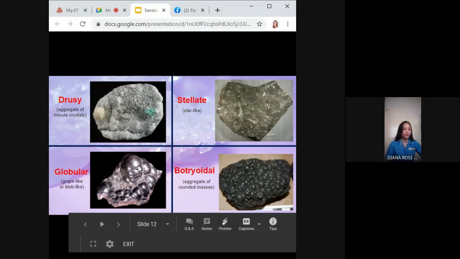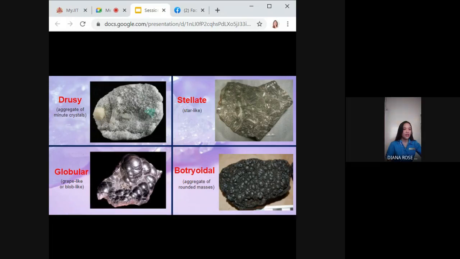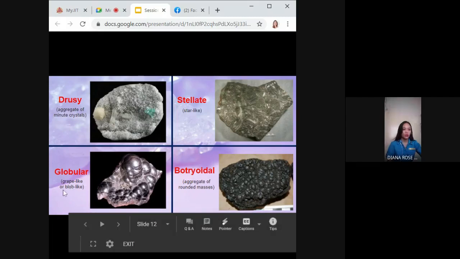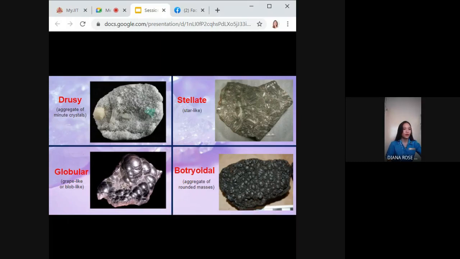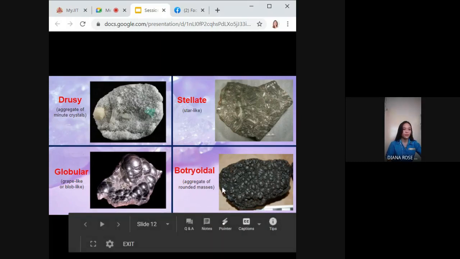And then we have globular, which is radiating individual crystals that form spherical groups, grape-like or blob-like. And then botryoidal, which are aggregates of rounded masses, like smooth bulbous or globular shapes.